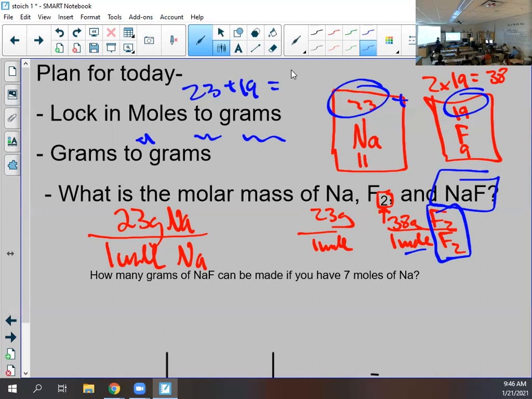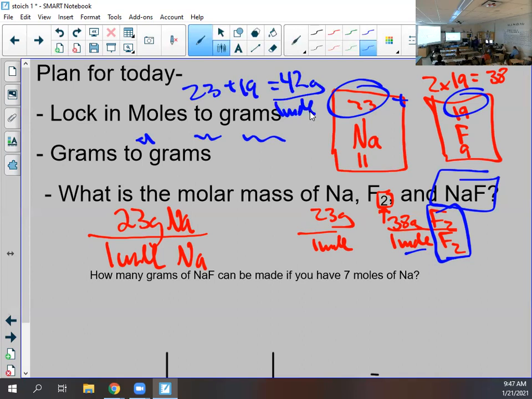Now you're all annoyed. You know how to do math, but I want you to do math and science. It's 42 grams over 1 mole. I know it's annoying, but just trust me. We're going to need that a lot today.